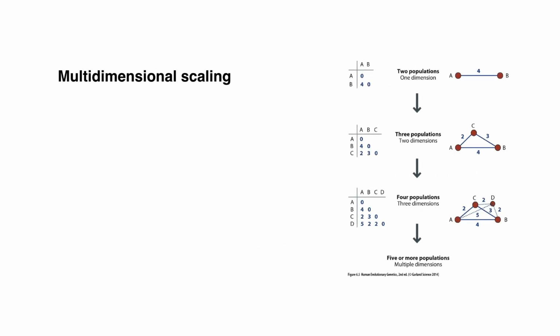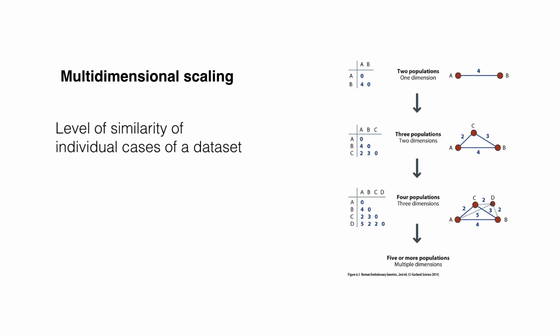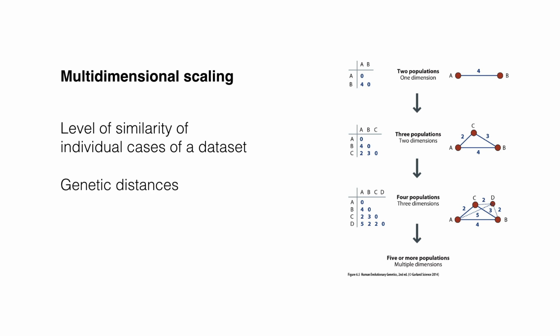Multidimensional scaling is a means of visualizing the level of similarity of individual cases in a dataset. It asks a question: how many dimensions are needed to display population relationships? Distance matrices are shown here relating genetic distances between increasing number of populations.